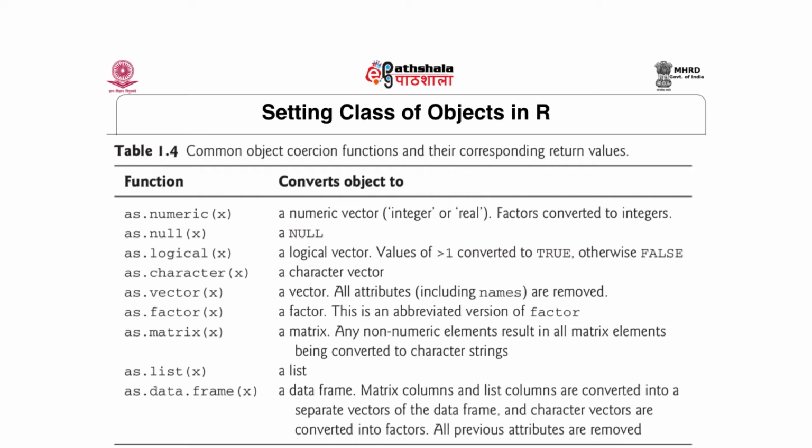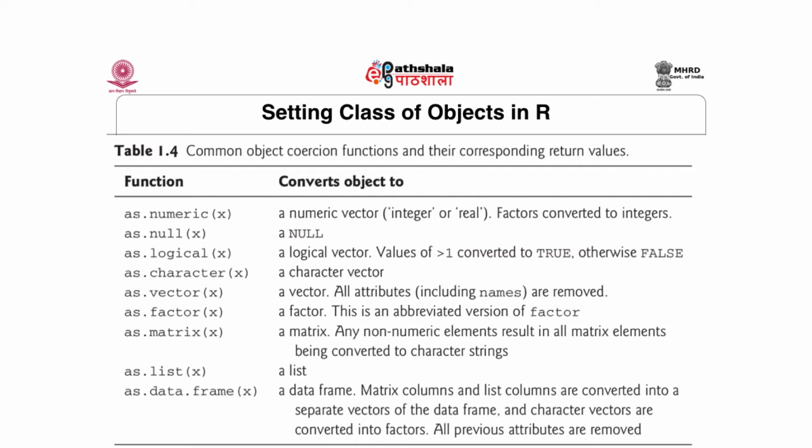Obviously, if you type is.numeric x, then it is going to return false, that it is not a numeric variable anymore. So what you want to do then is to convert that text value x into a number value x.